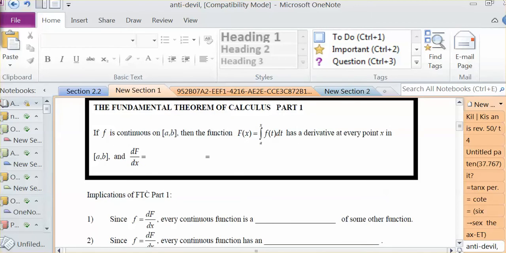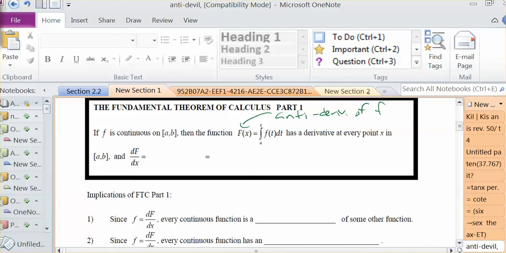So if we define it a bit more formally here, if your function f is continuous on a to b, then capital F of x, which is an antiderivative of little f, can be defined as the definite integral from a to x of f of t times dt. You'll definitely have a derivative at every point x in your closed interval from a to b.